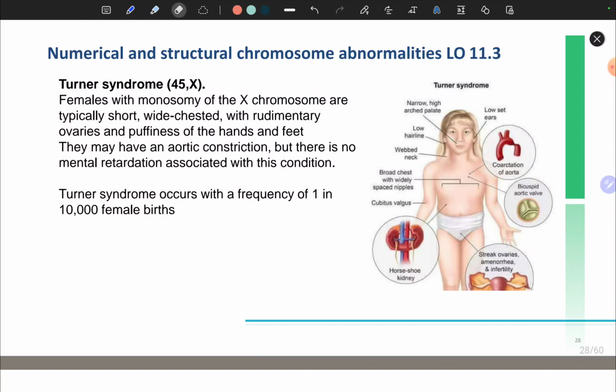It is webbed, not straight, and we have other conditions. Usually they are infertile. There is no mental retardation and other things. So this is Turner syndrome.